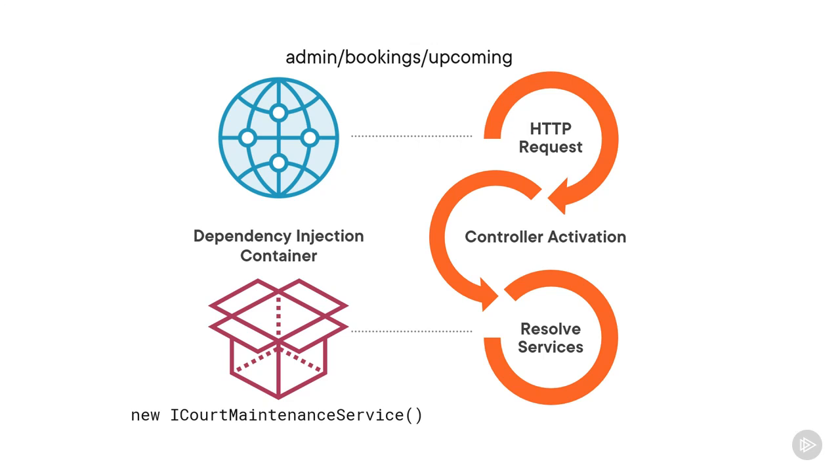This results in additional allocations of the court maintenance service object, which will later need to be reclaimed during garbage collection. Because this service is only needed by one action in this controller, it's slightly wasteful for requests that are routed to any of the other action methods.